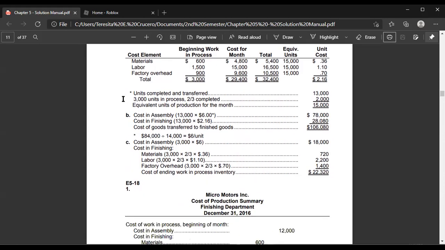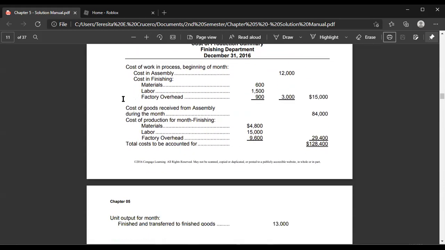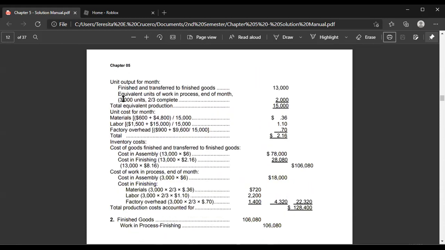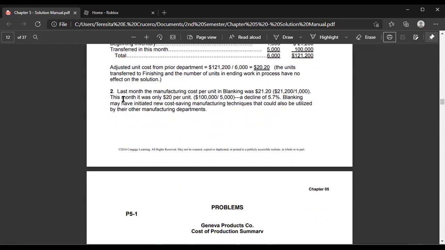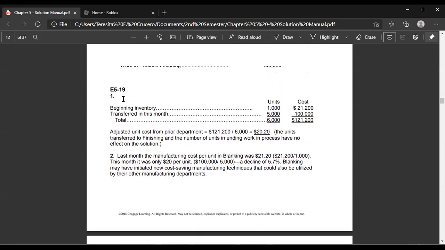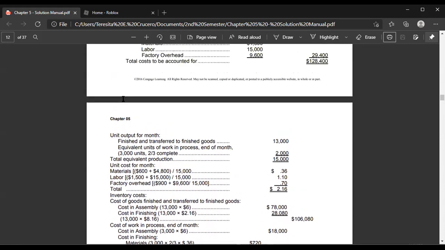Now we still have 18. Let me see, 18, 19. How far can we go? Let's try to finish up to number 19. And we will have the problems tomorrow. At least by tomorrow, hopefully we can finish chapter 5, though chapter 6 is still a continuation of chapter 5.